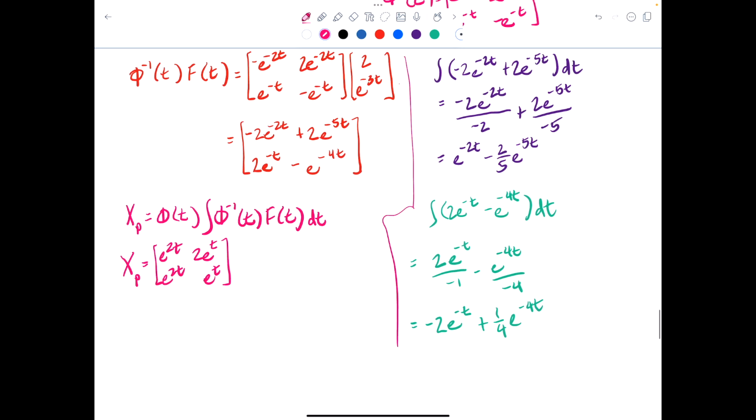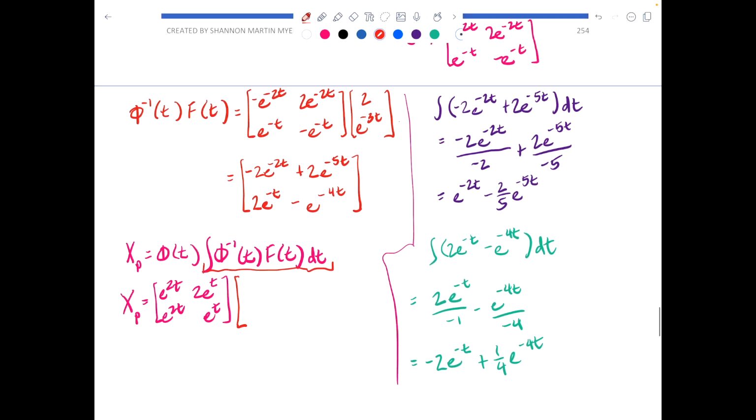Now, the second part here, all of this is going to be what we found in these integrals. I'm going to write it in the same color. So the integrals: e to the negative 2t minus 2/5 e to the negative 5t.